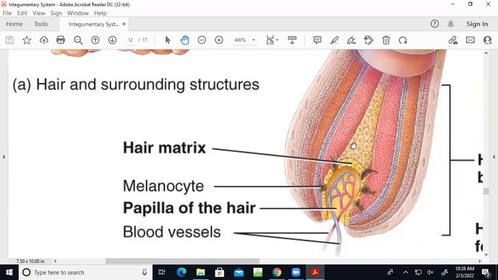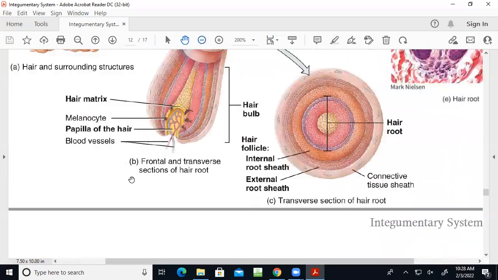But these cells here in what we call the hair matrix are living, and they are the cells responsible for going through cell division to produce the hair cells that eventually get pushed outward and eventually die. This is also where you're going to find the melanocytes, those same melanocytes like we had in our skin, that provide the pigmentation, so the control of our hair color.